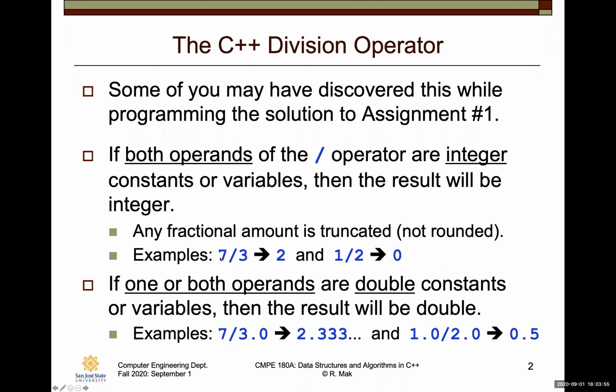So in this 7 divided by 3, if we made just one of them, either the 7 or the 3, into a double constant, which means that it has to have a decimal point, then the result will be a real number. And here we made them both double, then we will get a double result. So that is something we all learned the hard way.